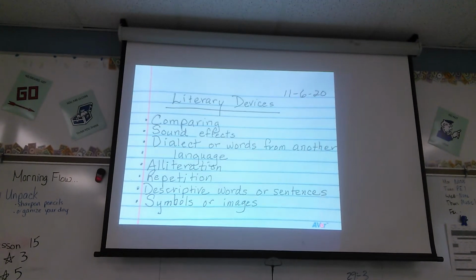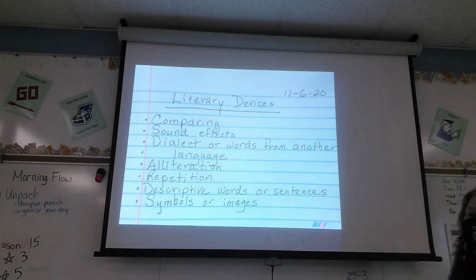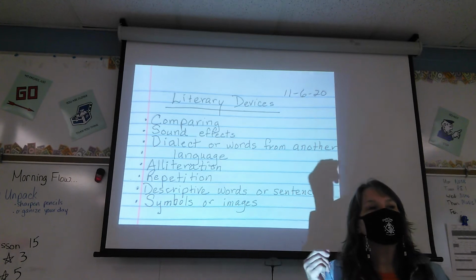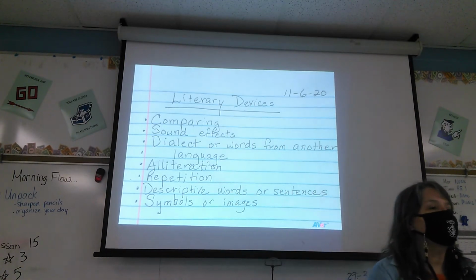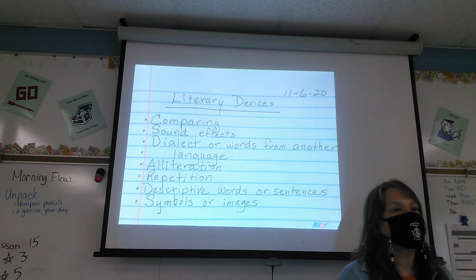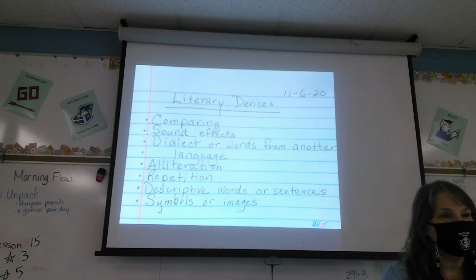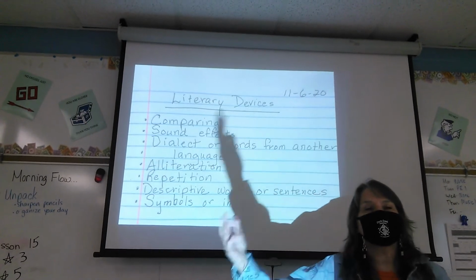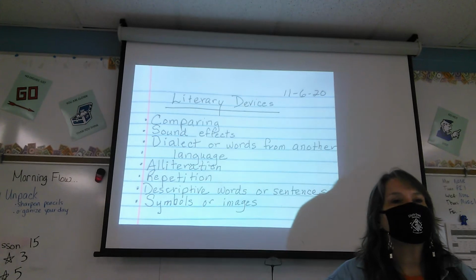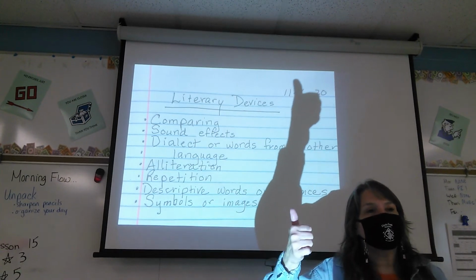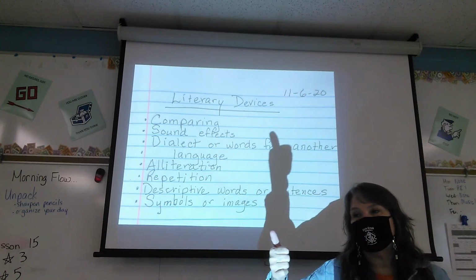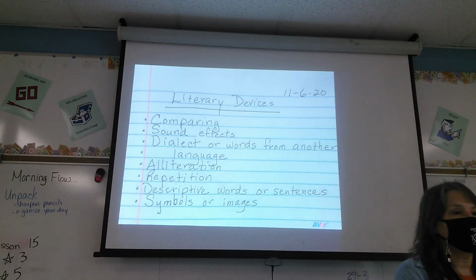Okay, yesterday we talked about determining the theme and how we can determine a theme from a piece of text that we're reading. And we went through our story Fox. And remember the process of identifying a theme. First, we identify some of the life issues that are contained in the work.